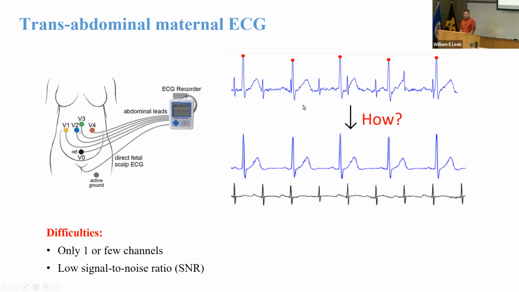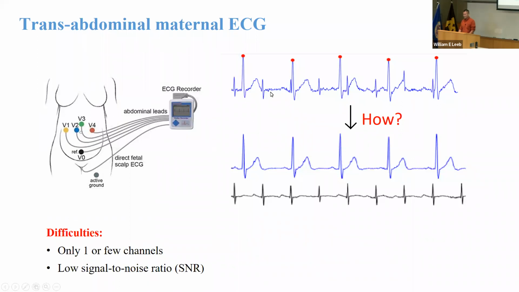But this machine also has its own problem. When we detect the electrophysiology signal, the mother's heart is also nearby, so there are two components: one from the mother's heart, and the other from the baby's heart.